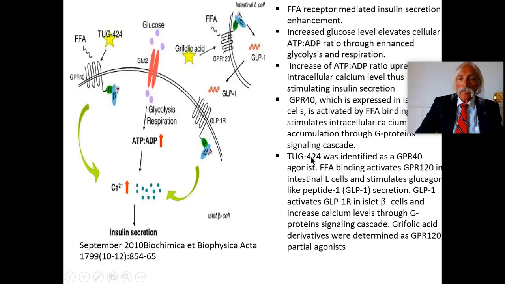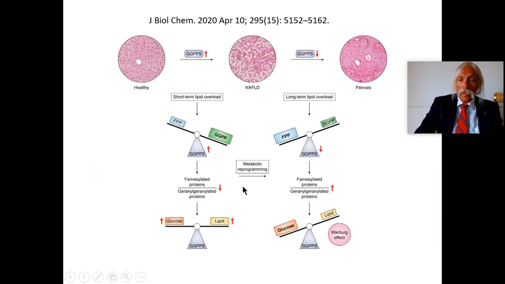Because of the decrease in that enzyme, now what you're going to have is an increase in the ratio. You're going to have more farnesylated proteins and fewer geranylgeranylated proteins. That is going to greatly alter the metabolic pathway, and it's going to alter the glucose to lipid utilization system.